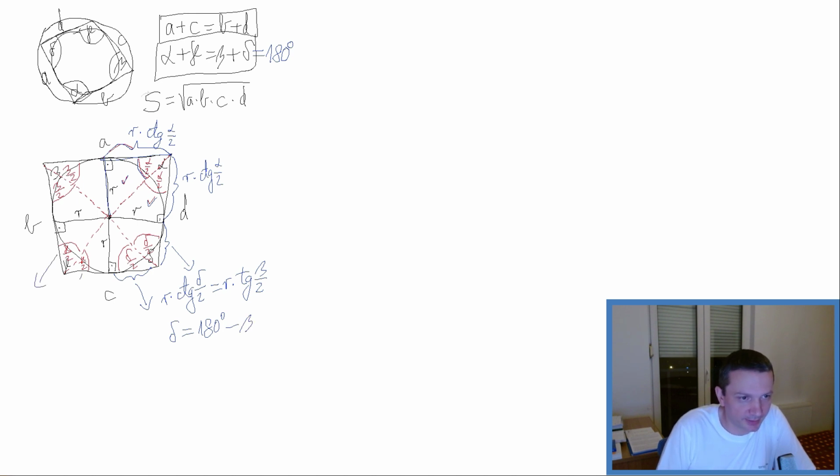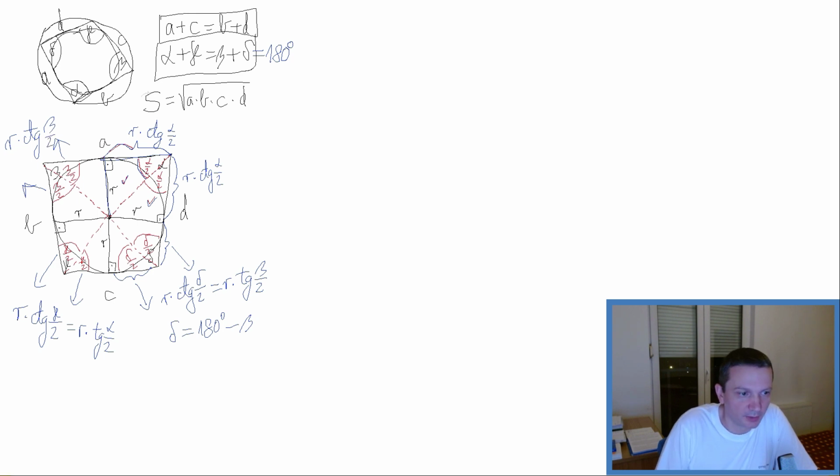Similarly, this and this are r times cotangent of gamma half, and that is actually r times tangent of alpha half. Also these two sides here are r times cotangent of beta half.